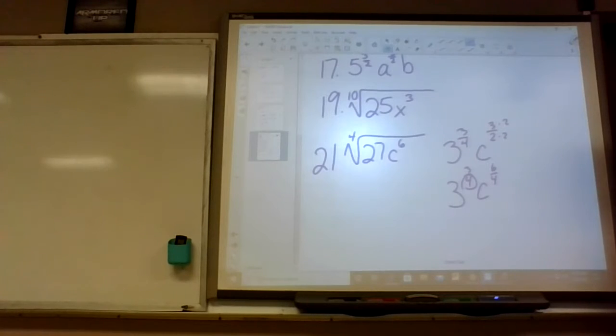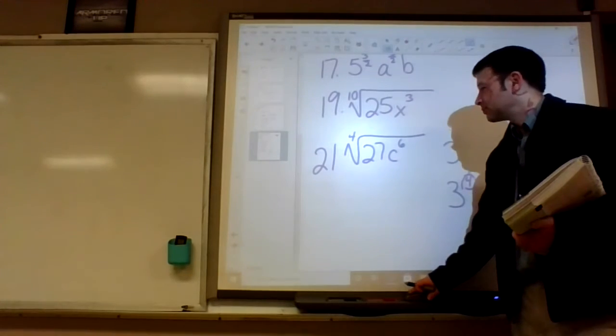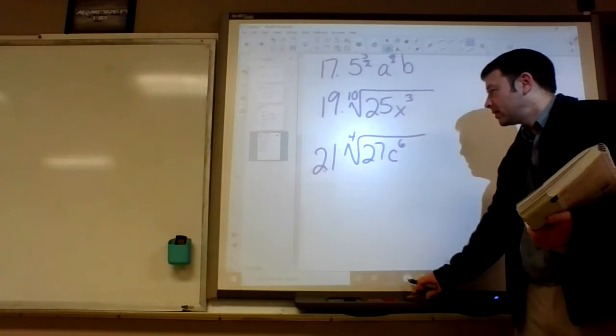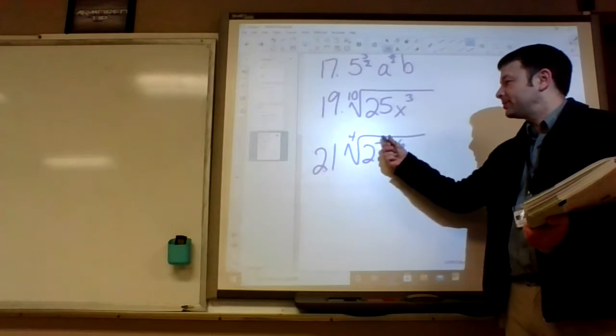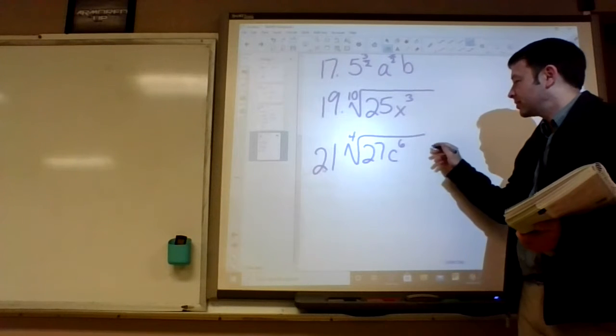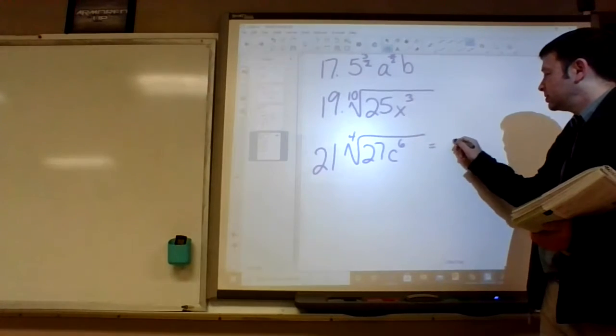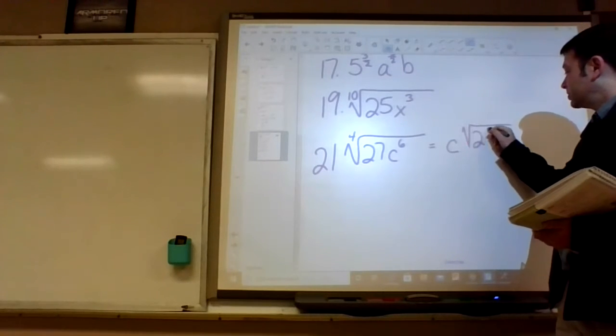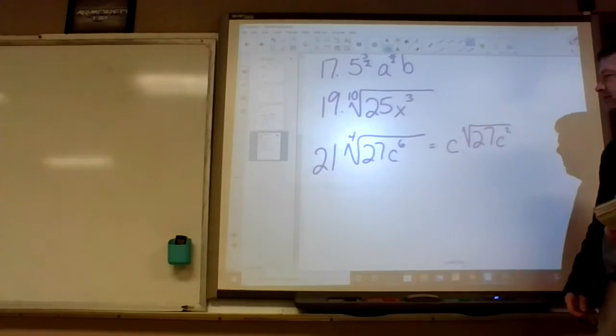Should have guessed that. How do you simplify this? Well, like yesterday, we can simplify this a little bit. What's 6 divided by 4? 1 with a remainder of 2.